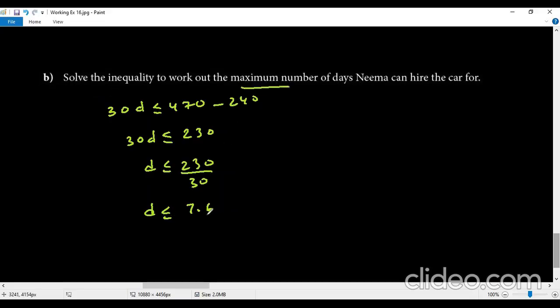That means the maximum number of days cannot be 7.6, so the final answer is going to be 7 days for this question.